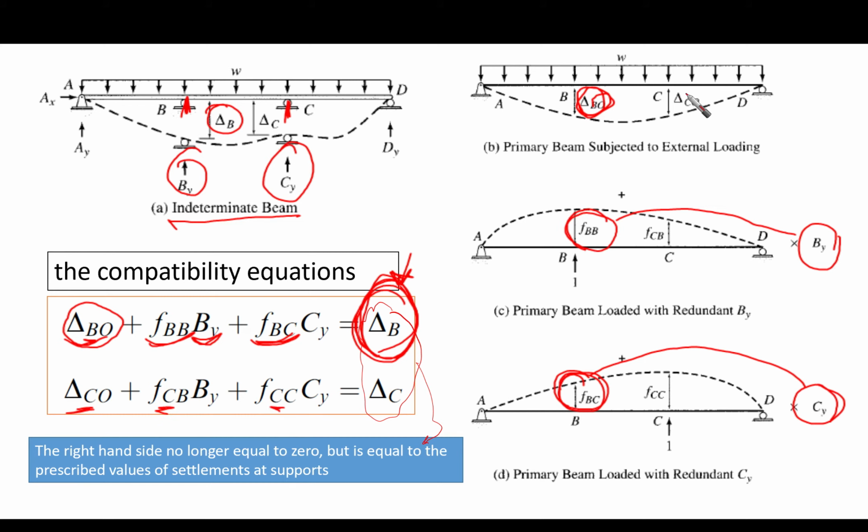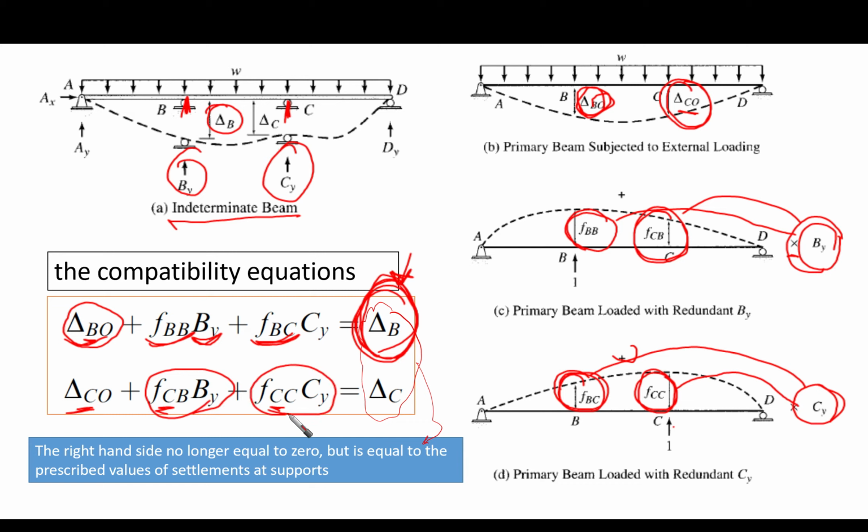We're going to say that the displacement due to external loading, which is delta C naught, plus the flexibility coefficient due to unit load applied at point B, multiplied by the redundant BY, plus the flexibility coefficient at point C due to unit load applied at point C multiplied by the redundant CY, which is the third term, would equal delta CY. What is delta CY? Exactly, here it is delta CY.